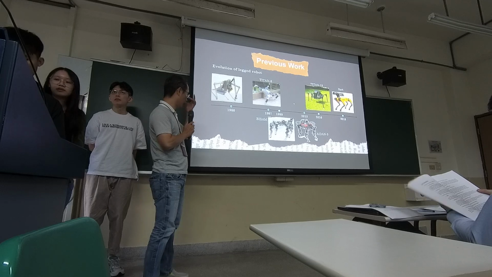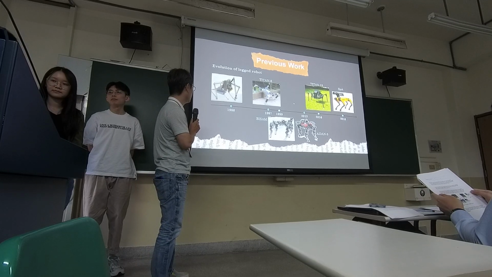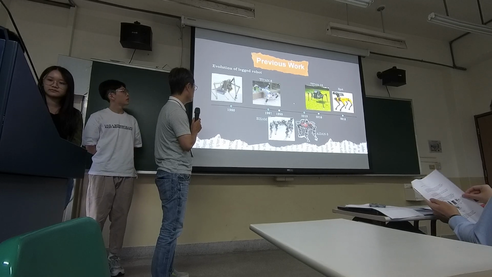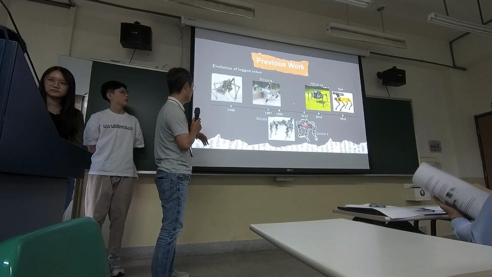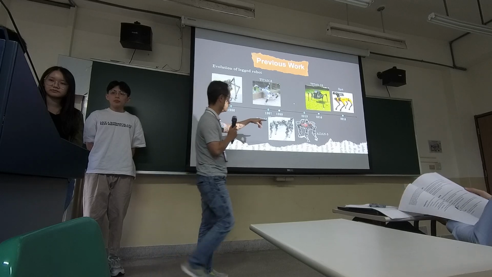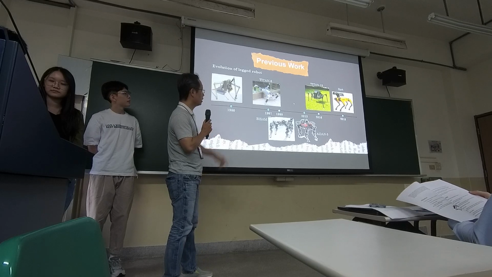Next, let's take a look at the evolution of leg robots since 1980. You can see the leg robots are becoming increasingly lightweight. And at the end of this chart is the famous robot Spot.